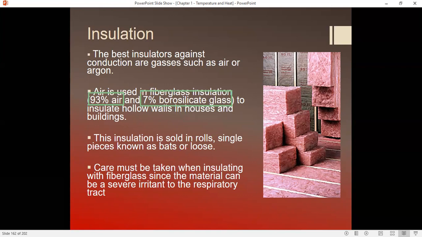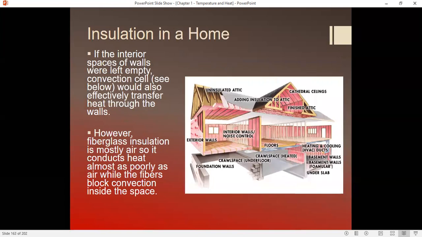Always wear gloves, always wear protective clothing, always wear eye protection. But again, a properly insulated home can be very thermally efficient and keep the warm air in during the winter and keep the cool air from getting out during the summertime.